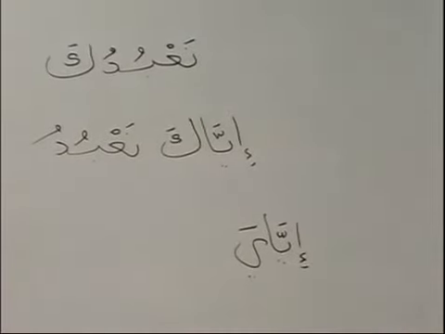So, brothers and sisters, here is a little melody for it. Iyahu, iyahuma, iyahum, iyaha, iyahuma, iyahunna, iyaka, iyakuma, iyakum, iyaki, iyakuma, iyakunna, and then iyaya, iyana. Got it, brothers and sisters? One more time, it will make you understand.